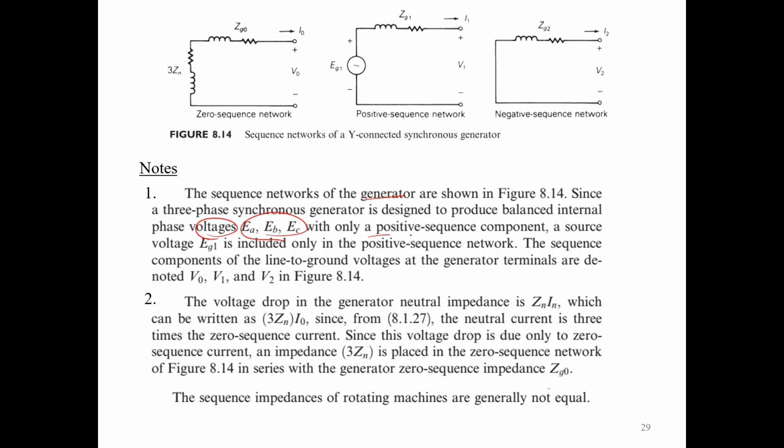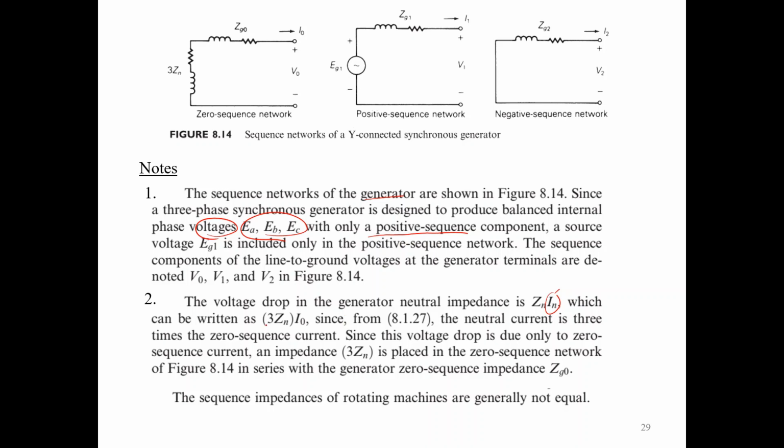We play the role just in positive sequence component, right? And the voltage drop across the generator neutral impedance is Zn times In. Now you see that the In here is Ia plus Ib plus Ic.